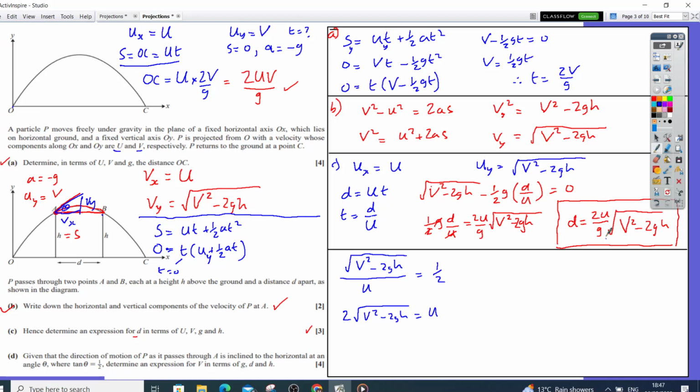Okay, so let's just do this. I'm going to multiply that up and divide it by 2 and this root.